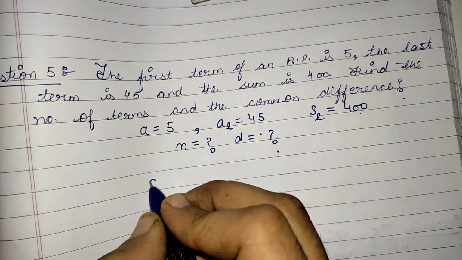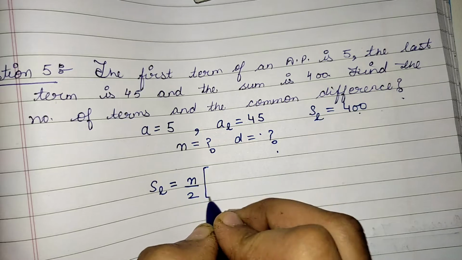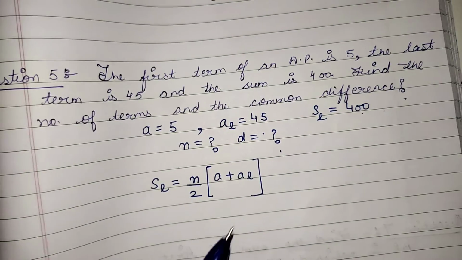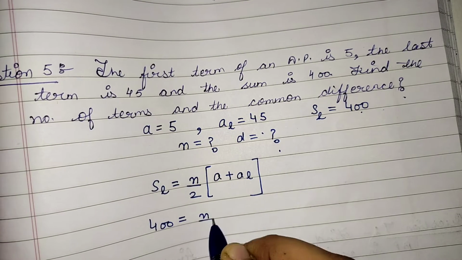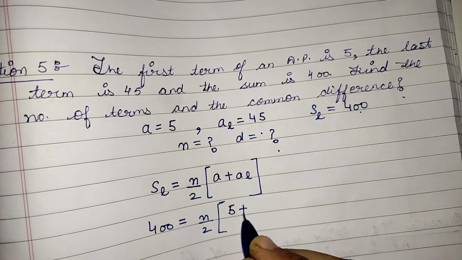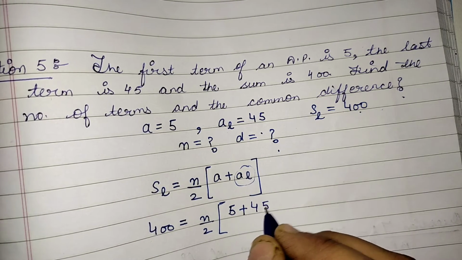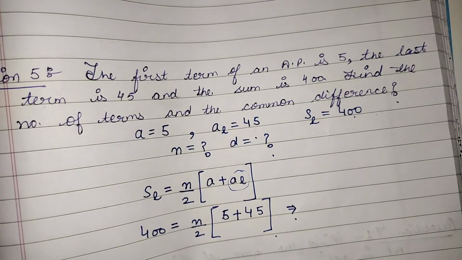We know the formula for the sum when the last term of the AP is given to us: S_n is equal to n by 2 into (a plus a_l), right? So S_n is my 400. Number of terms I do not know. A is given to us, the first term is 5, and a_l is my last term, which is 45.